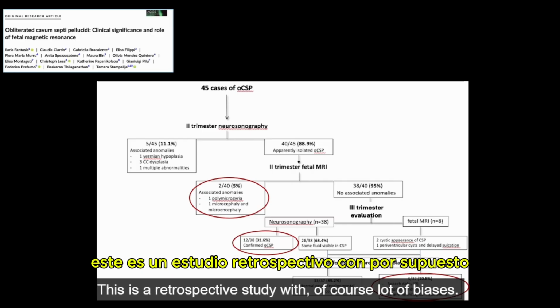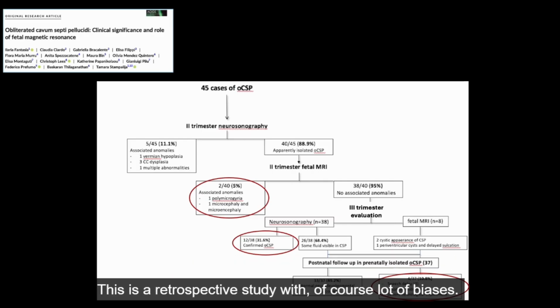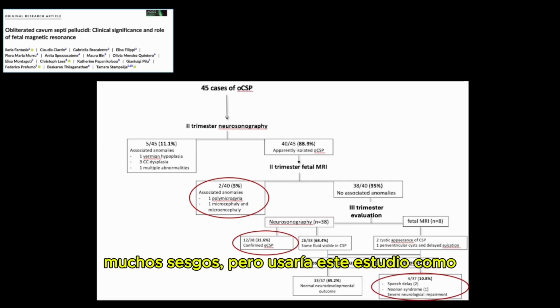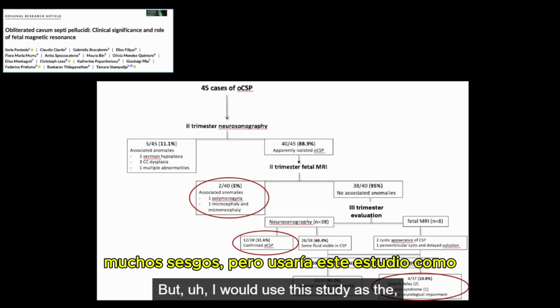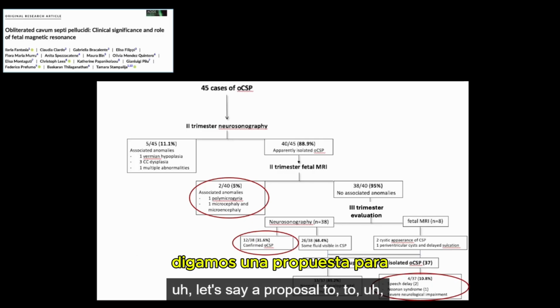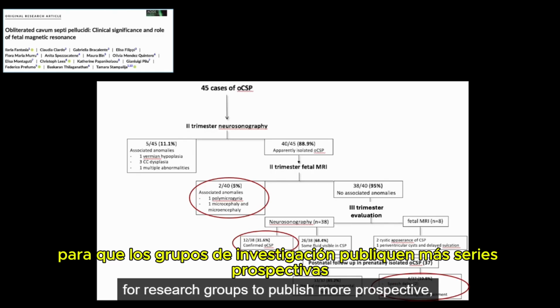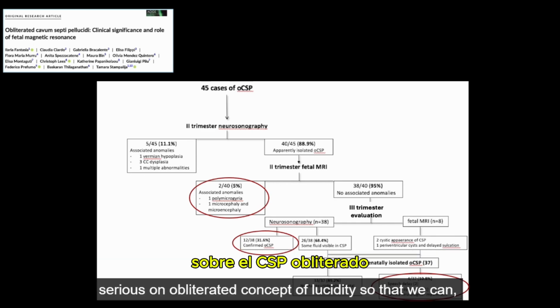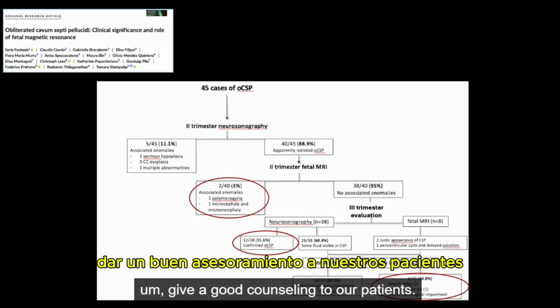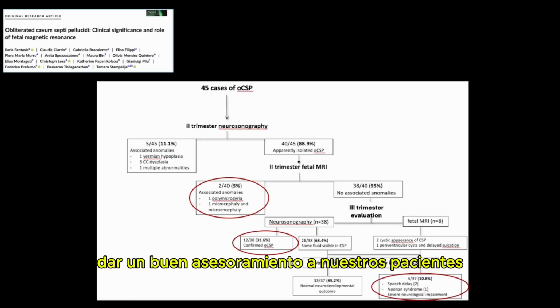This is a retrospective study with, of course, a lot of biases, but I would use this study as a proposal for research groups to publish more prospective series on obliterated cavum septum pellucidum so that we can give good counseling to our patients.